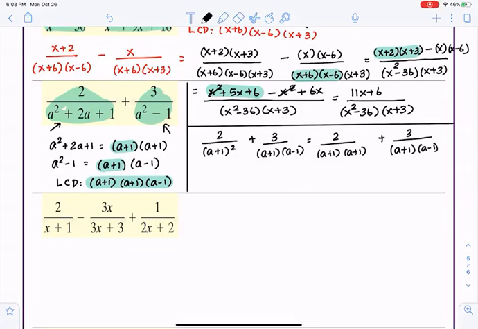I'm missing a minus 1. So I multiply and divide by a minus 1 to get the LCD, a plus 1 times a plus 1 times a minus 1. In the second denominator, I have a plus 1 times a minus 1. So I'm missing a plus 1. So I'm going to multiply and divide by a plus 1.